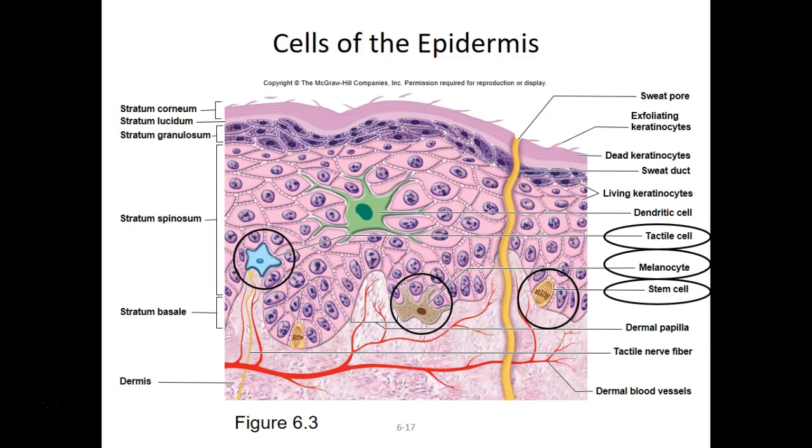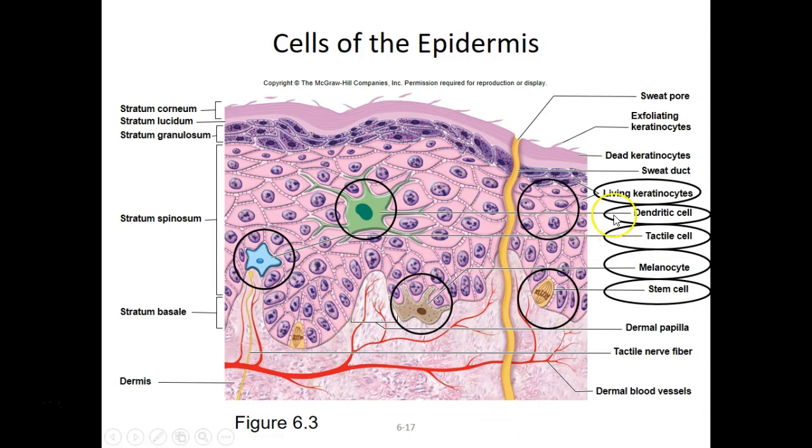There's tactile cells that send signals to the nervous system to tell us if we have pain or pressure of any sort. We have dendritic cells. These are the white blood cell macrophages that eat any pathogens. We have keratinocytes, living and dead.